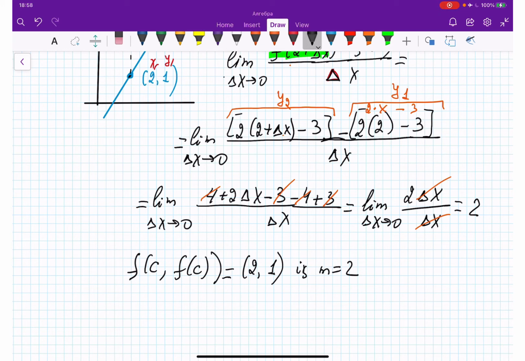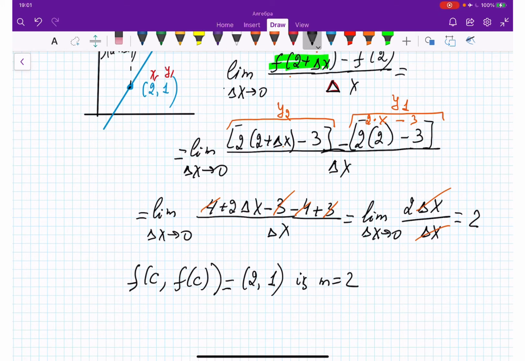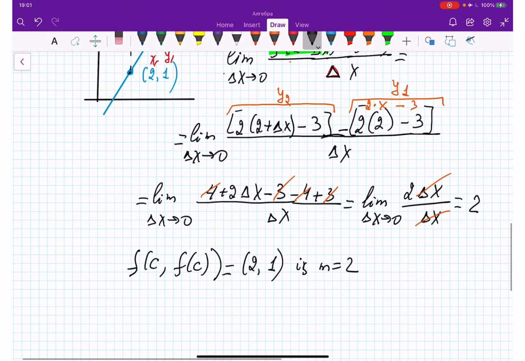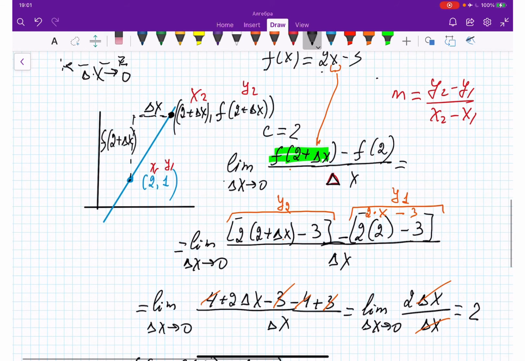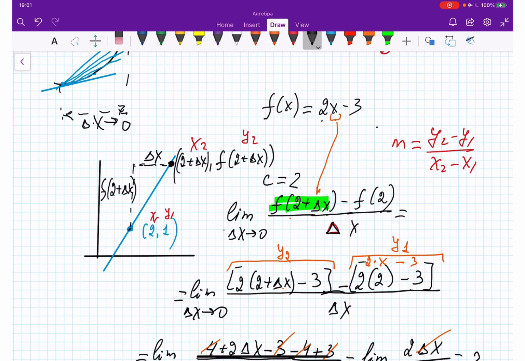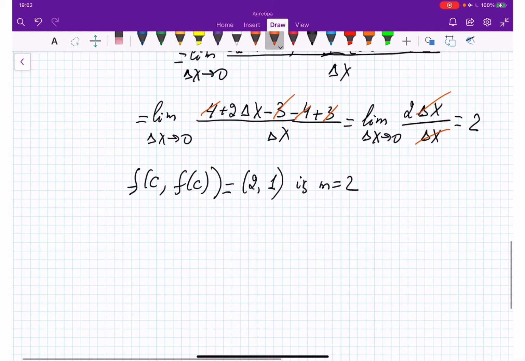Okay? Now, to remind you, our original function was f of x, where is it? Here it is. f of x equal to 2x minus 3. So it's in the format mx plus b, right? And this 2 is our slope, which we got right here.